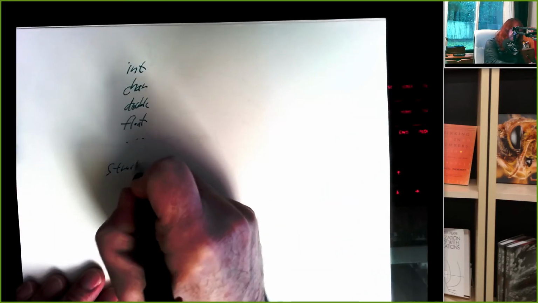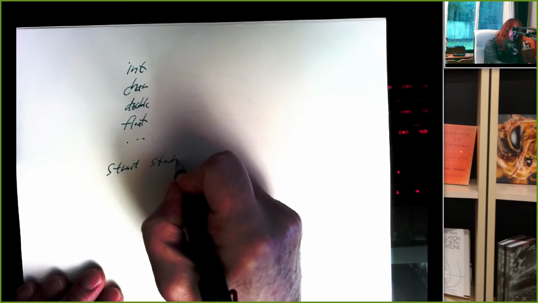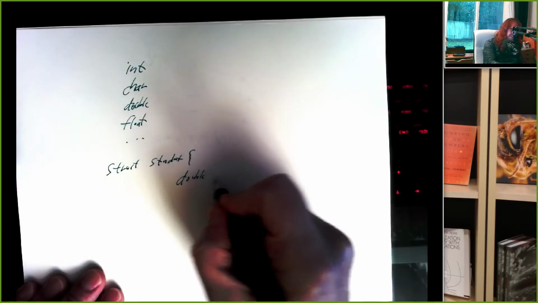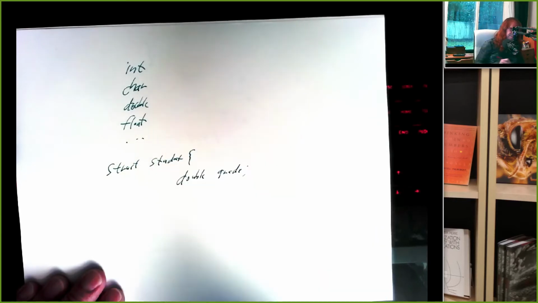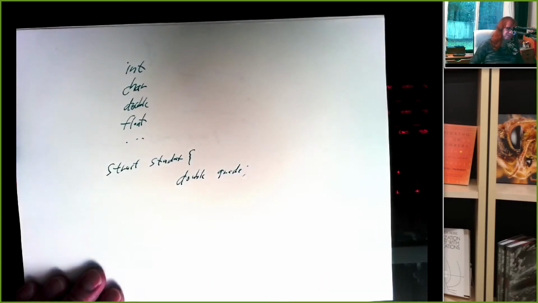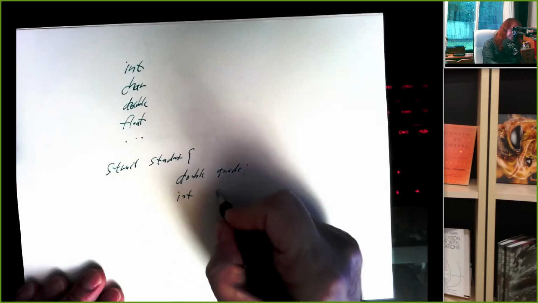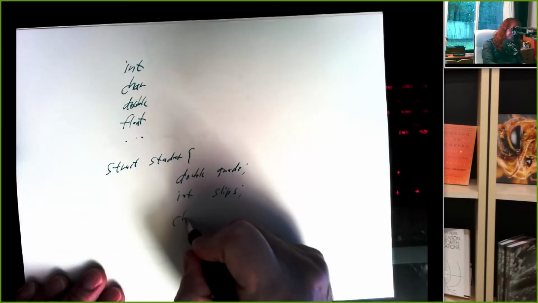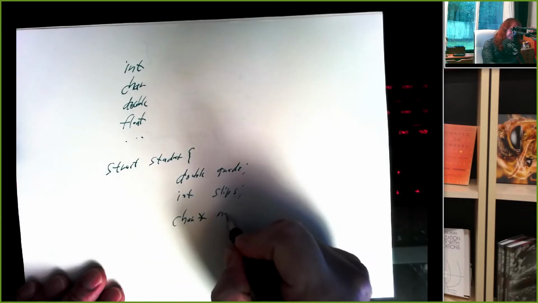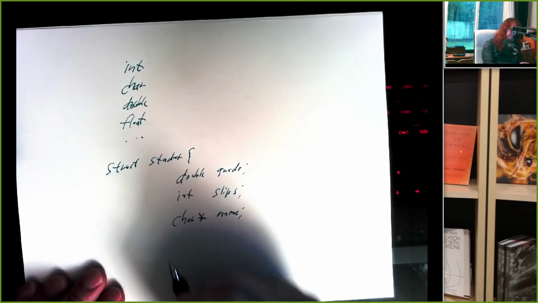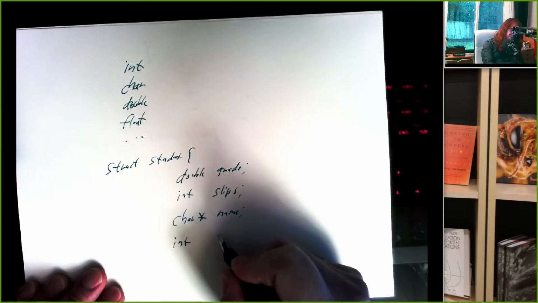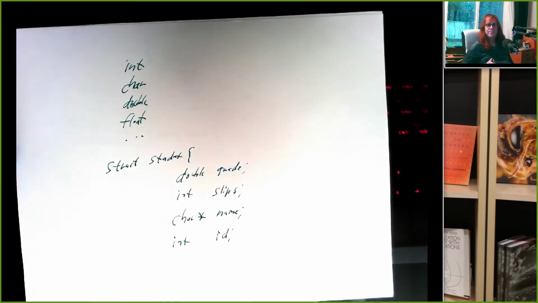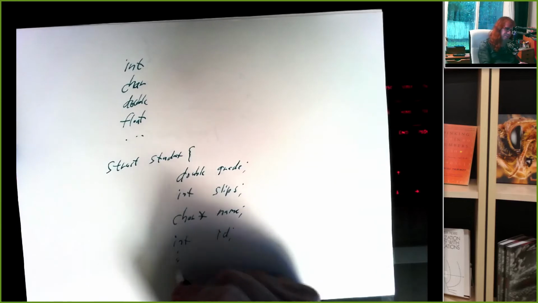For example, I might have a struct student, which might have a double representing their grade, an integer representing how many slip days they've used, a char star representing their name, an int representing their ID number, and maybe some other stuff.